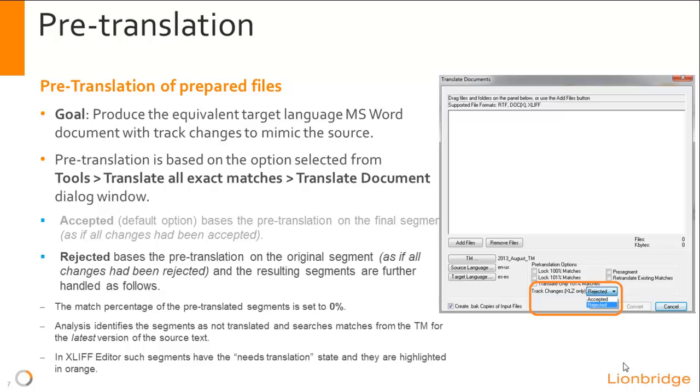The match percentage of the pre-translated segment is set to 0%. Analysis identifies the segment as not translated and searches matches from the TM for the latest version of the source text. In XLIFF Editor, such segments have the needs translation state, and they are highlighted in orange. Finally, you click on Convert and the updated XLCID file will be saved in the folder.